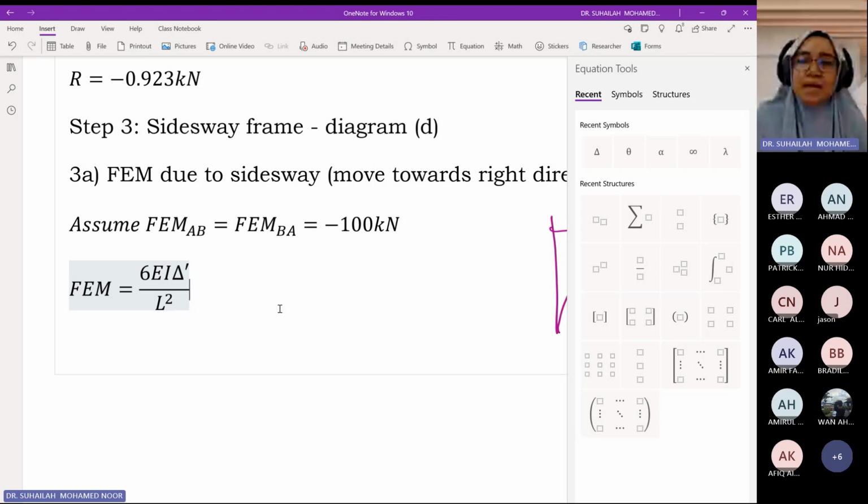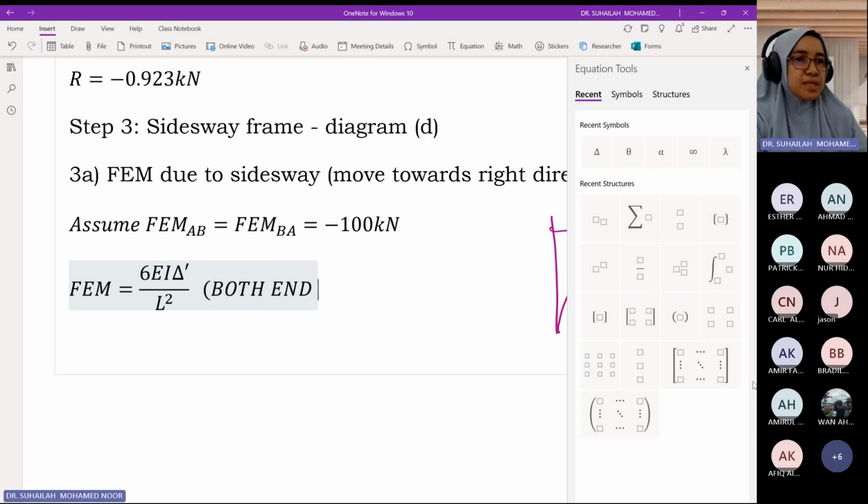So ramai yang bila dia tak really understand the package, dia pakai 3, dia letak kat sini. Dia pakai 6, dia letak kat sini. So dia jadi salah. So that's why kalau you tengok example yang saya pakai, saya banyak pakai form based on one formula only, 6. So 6 ni boleh pakai to all condition lah. Okay, so yang ni mengambil kira both end fix.